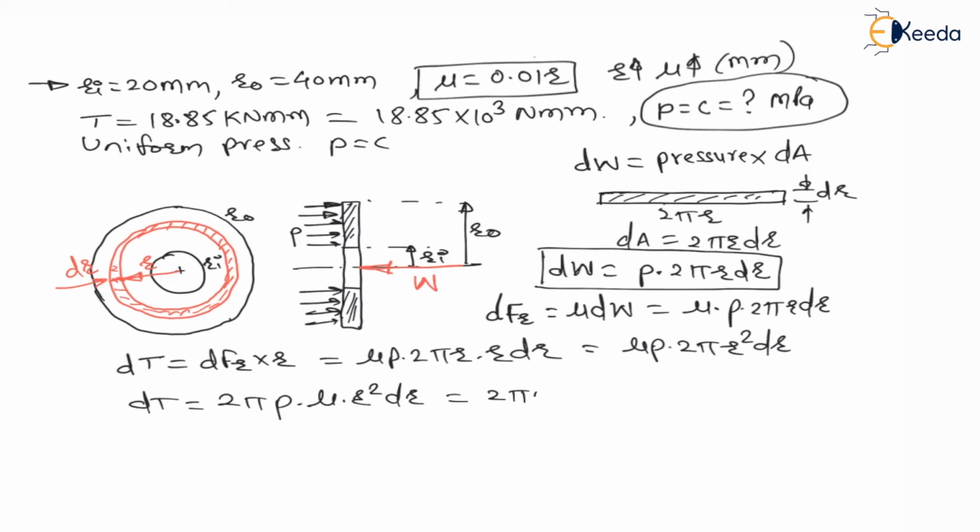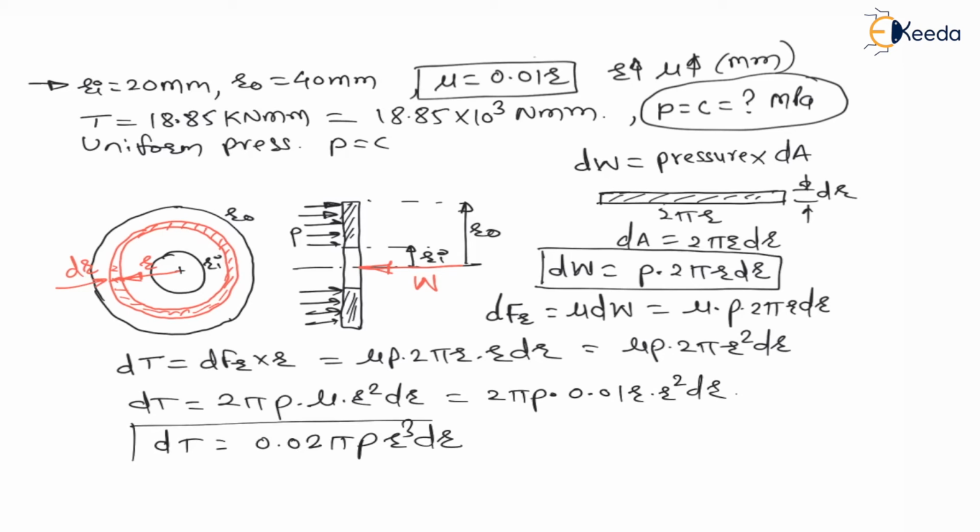Therefore, it becomes 2 pi p into mu, which is 0.01 r, into r square dr, right? Therefore, torque will become dT is equal to 0.02 pi p r cube dr. This will be your expression.